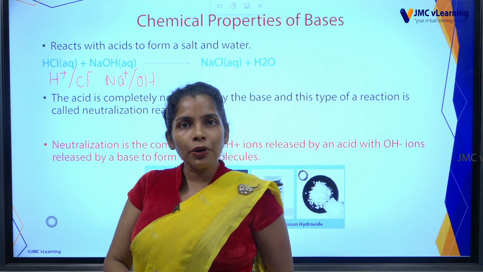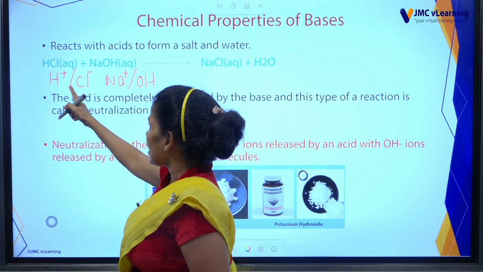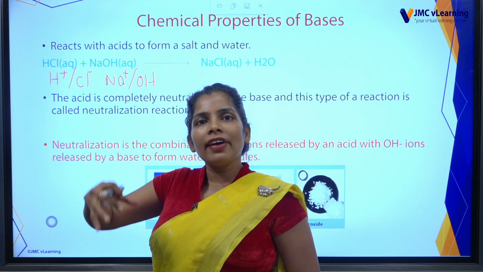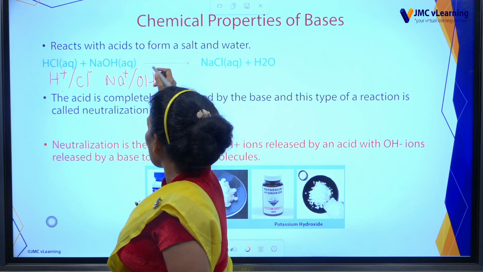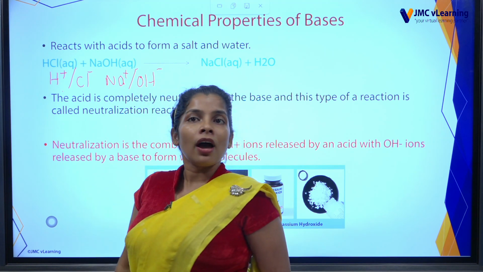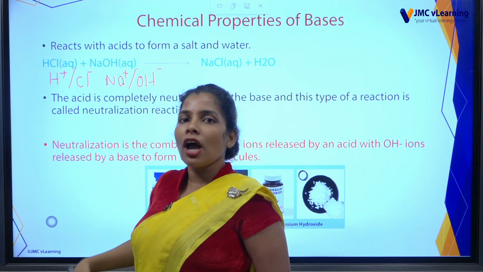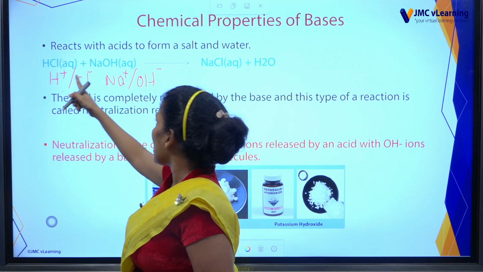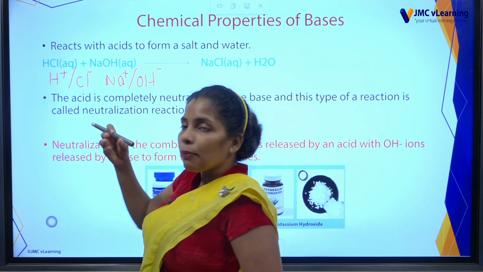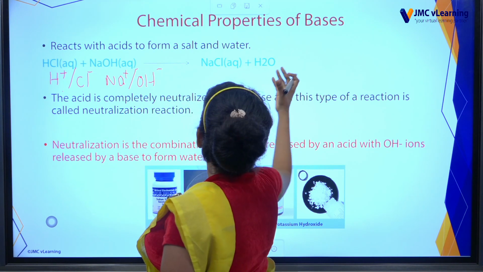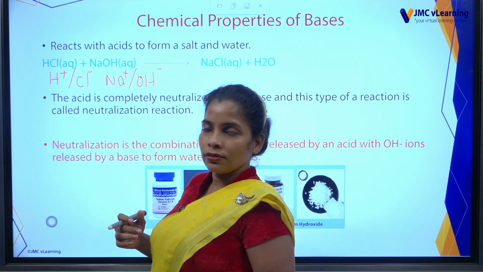Students, I already told you that positive ions always attract negative ions. Look, H+ is attracted to OH-, that means hydroxyl ions. The combination of those two, water is formed.